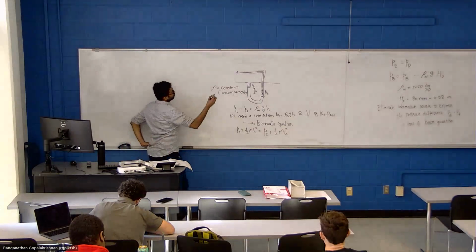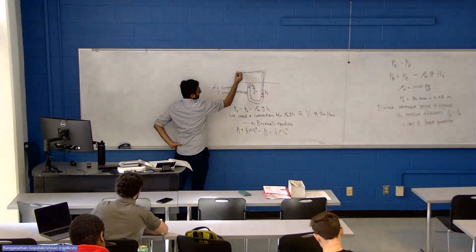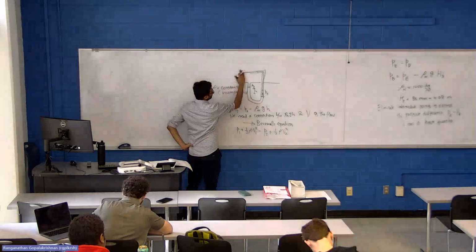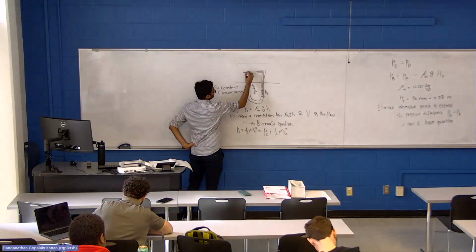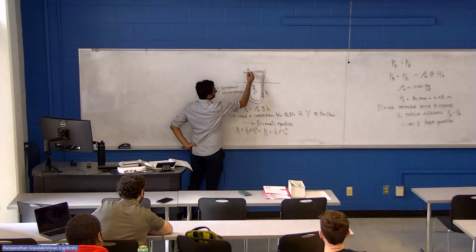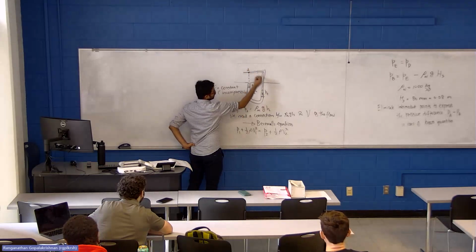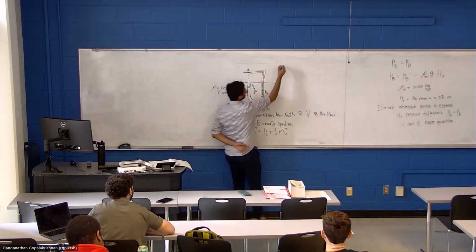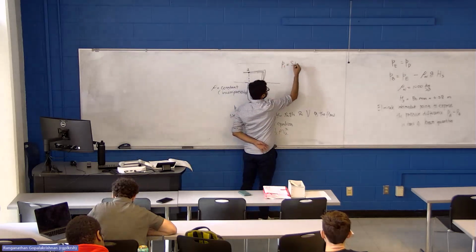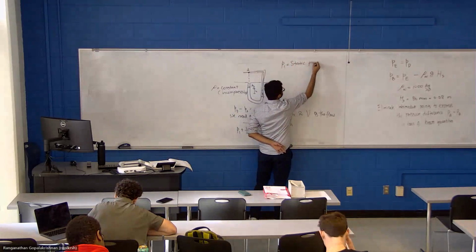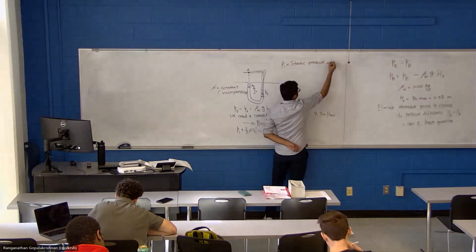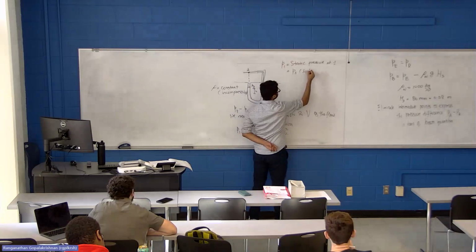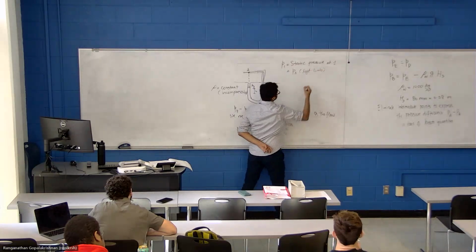Okay, what is P1, or what is the static pressure at 1? Actually, I should draw one somewhere here at this plane, so that the static pressure is felt here and the stagnation pressure is felt here. So P1 is equal to the static pressure at 1, which is read by the P_S or the left limb.